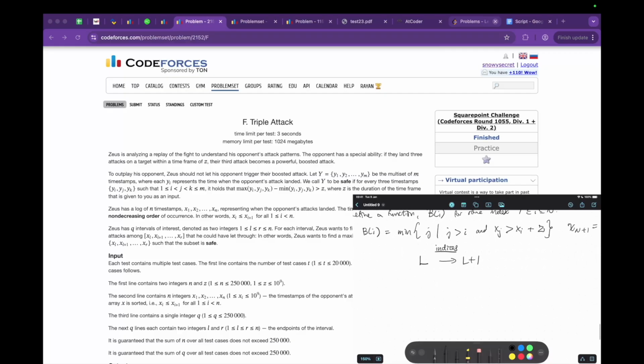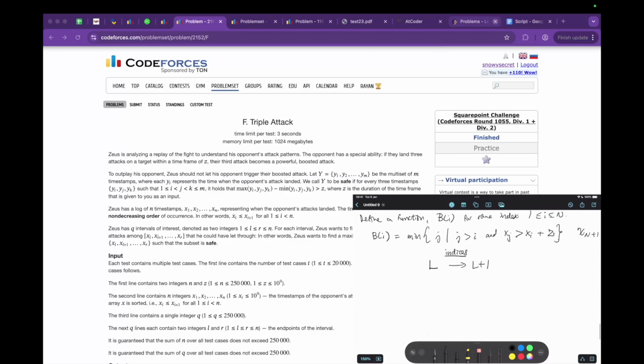So what would be the next value here? So for the next element, we want it to satisfy xj is greater than xl plus z, and j has to be as small as possible.